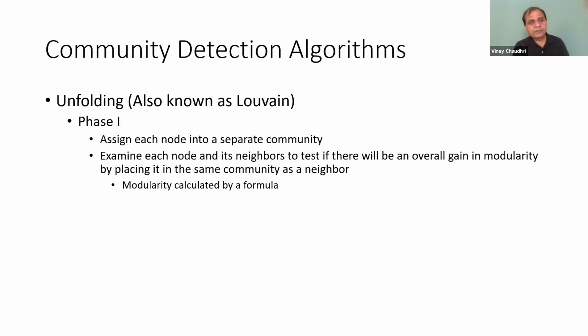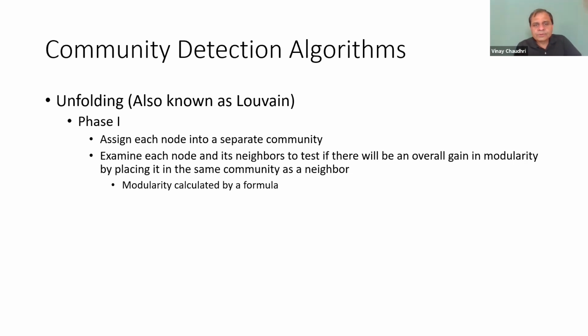In the same family of algorithms, there is another very popular technique known as the unfolding algorithm. Some people also call it the Louvain algorithm, which is the name of the person who originally introduced it. Just like the previous algorithm, in the first step we initialize each node to be in a separate community.